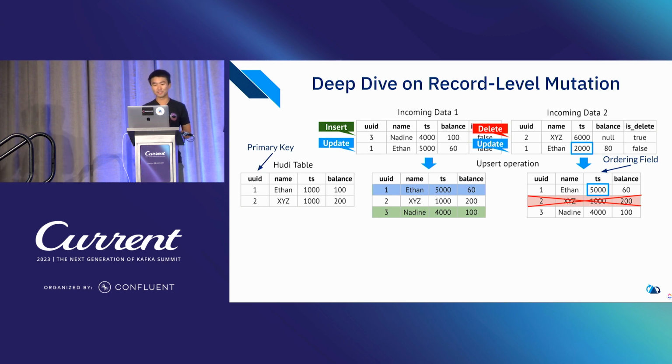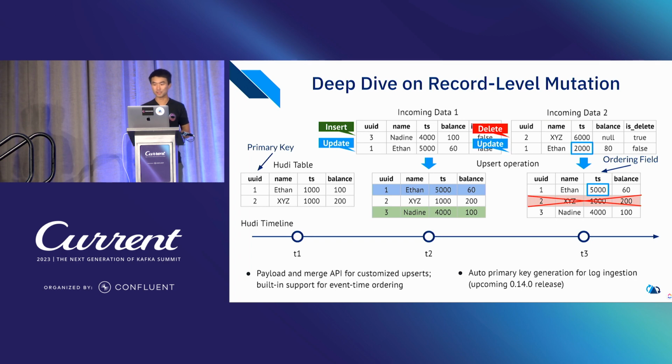Once the data mutation is done, Hudi attaches metadata such as commit time and file name to each record and also updates the Hudi timeline, so that the Hudi timeline has the full history of what's going on in the table. This essentially serves as a state for streaming changes from this Hudi table to downstreams.